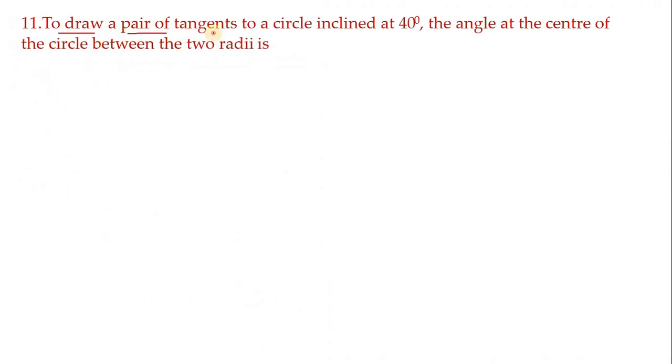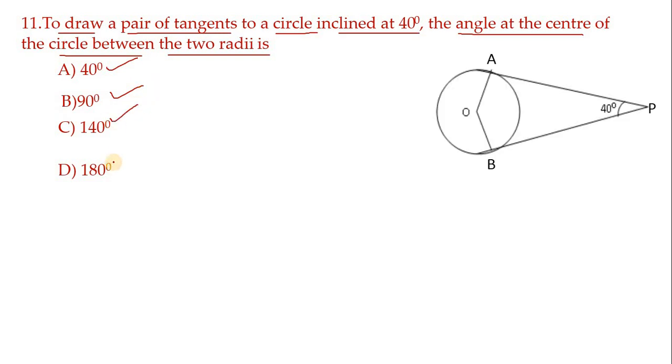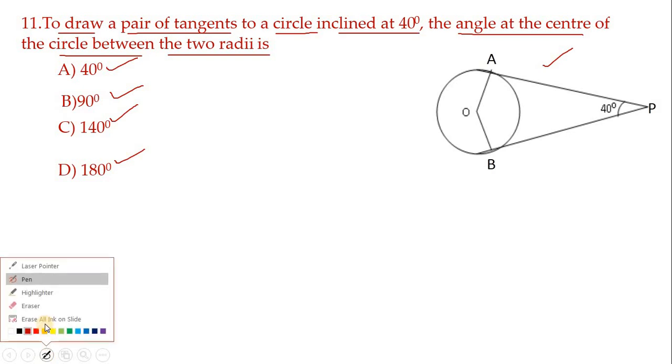To draw a pair of tangents to a circle inclined at 40 degrees, the angle at the center of the circle between the two radii is: 40 degrees, 90 degrees, 140 degrees, 180 degrees. It is a given figure, children. See, it is a very simple problem.